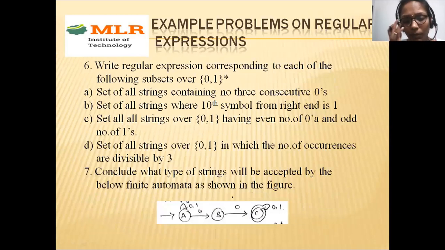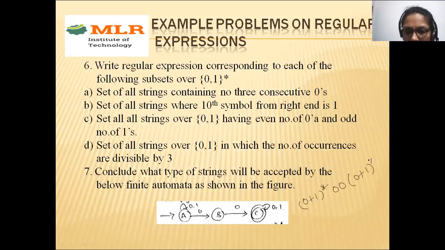See, in the 7th problem, they have given a finite automaton and they're asking for the regular expression from that. Here you can take any number of zeros and any number of ones with a self loop, which means star, followed by 00, which is mandatory, and again at the end (0+1)*.